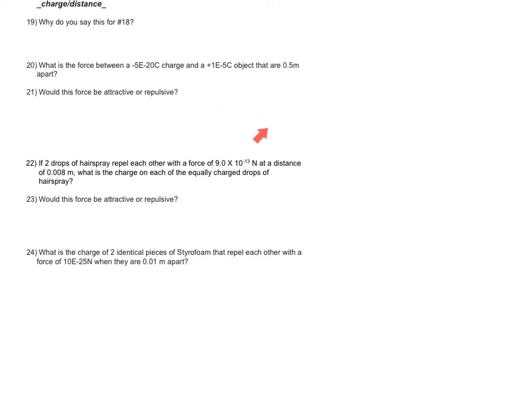Distance is in the denominator, and it's being squared. So force is equal to the inverse square of that distance, which only means that force is affected in a different way. Okay? So if I'm looking at how the force is affected when the distance doubles.